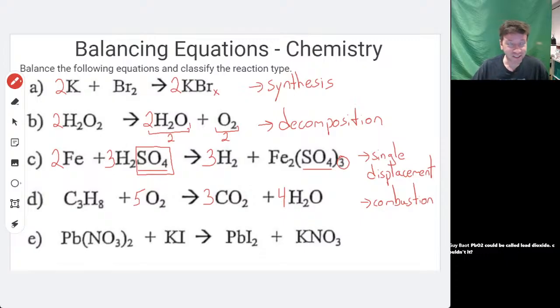If it's an aqueous solution, it's hydrochloric acid. But if it's not aqueous, some people might want to call it hydrogen monochloride. But a lot of the time we don't put mono in it. We just say hydrogen chloride. So there are a lot of exceptions to the rules, yes. But in grade 10, we're just starting to learn nomenclature, so I tell my students not to worry about those exceptions.